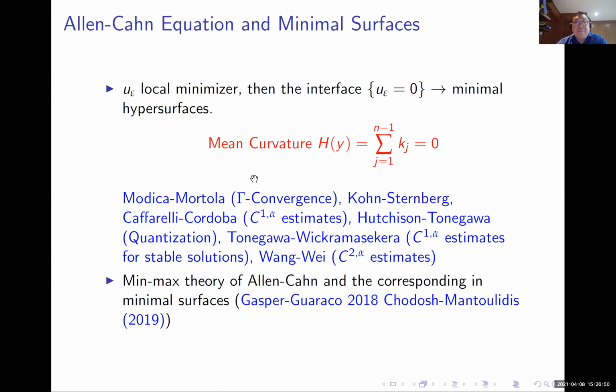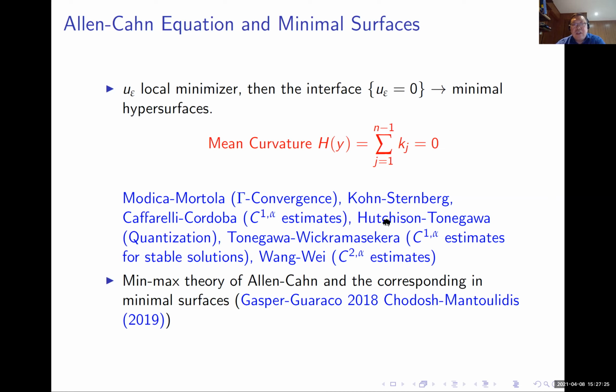You can make this rigorous at the energy level. If you have a local minimizer, then you can show that the interface, the nodal set, will approach a minimal surface, which has mean curvature equal to 0. This is by Modica and Mortola, via gamma convergence, and Kohn and Sternberg. For a local minimizer, you can then prove a C1,alpha estimate for the interface.